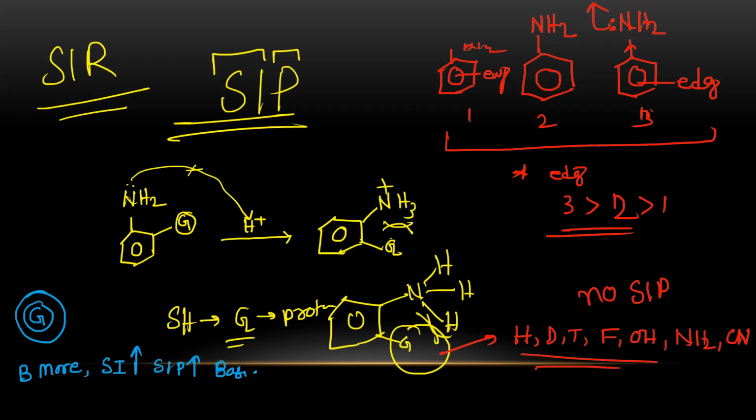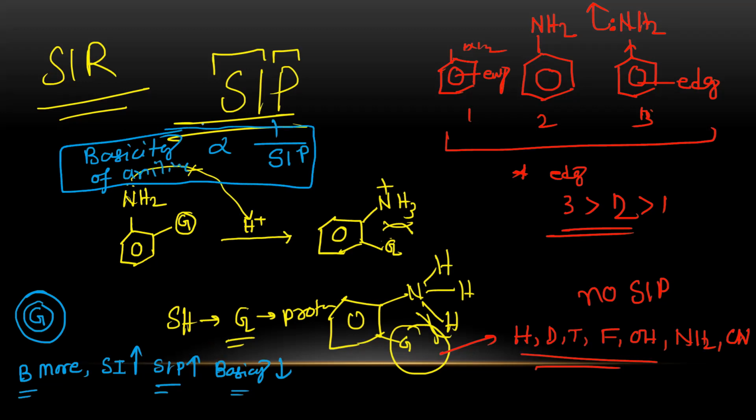So the more the SIP, the more bulky the group is, the lesser the basicity. So what we can conclude from here is that steric inhibition of protonation is inversely proportional to basicity of aniline. So basicity of aniline is inversely proportional to steric inhibition of protonation. I hope this is very much clear to you. Now let's go to another fold of this concept.